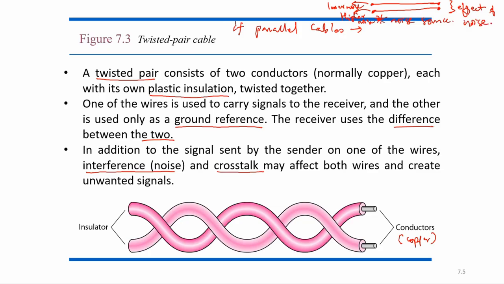To avoid this effect of noise in parallel cables, there is a use of twisted pair. If we use a twisted pair, and suppose there is a noise source here and another noise source there, and similarly some other noise source in between the stages, at this point this wire will have a higher effect of noise and this one will have less effect of noise. At the next position this one will have a higher effect of noise and the other a low noise effect.